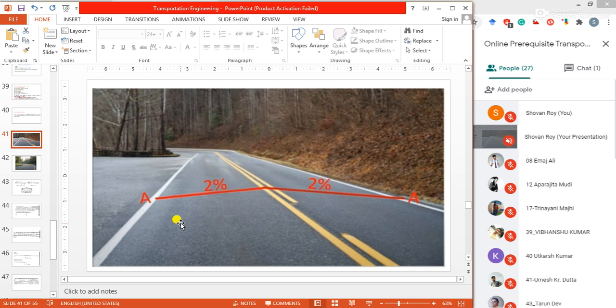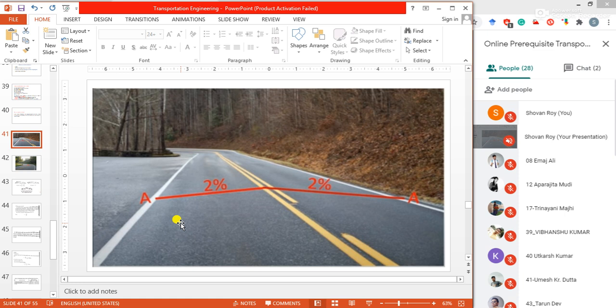This is the condition when the water enters through the pavement and directly reaches our subgrade, which is made of soil, and this soil layer is easily adversely affected.